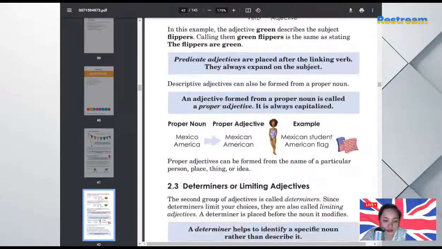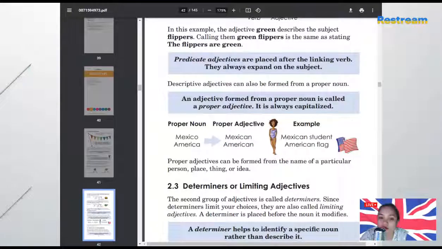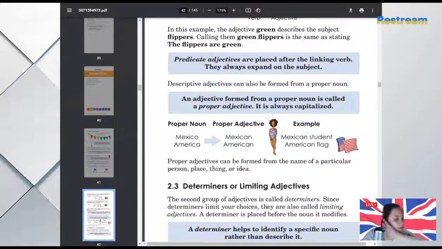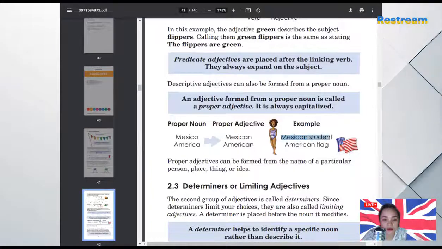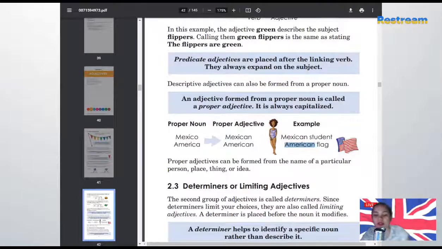For example, we have Mexico and America, and next are Mexican and American. In a sentence, we will have "Mexican student" and "American flag."